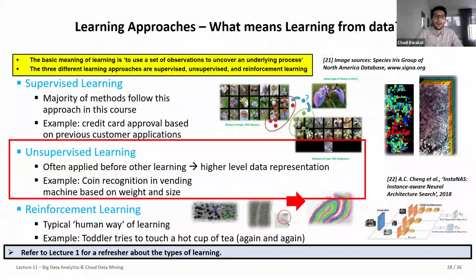So the whole idea from our learning tasks here is to use a set of observations to uncover underlying processes. So you're trying to extract some information to be able to guess how something works, to be able to mimic how that thing works. And this is the main mantra of unsupervised learning.